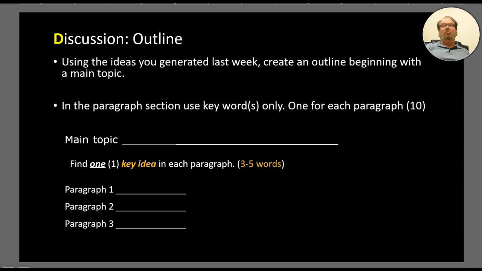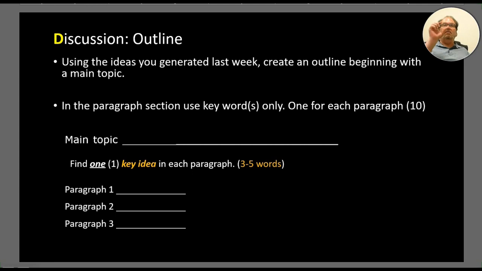When you focus on keywords, each paragraph has a key word, and it's really easy to find what you want to find. When you're referencing, you want to go back and get that information. You don't want to read the whole story. You just go to that paragraph, and if it's a long paragraph or short paragraph, you want to find that keyword and make it easier. That's what outlining is all about.